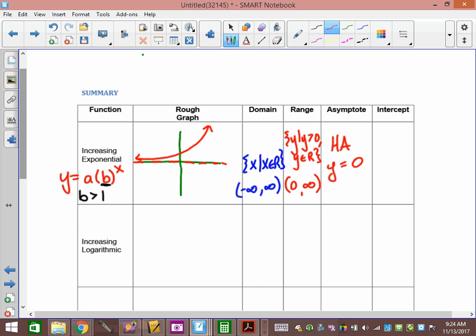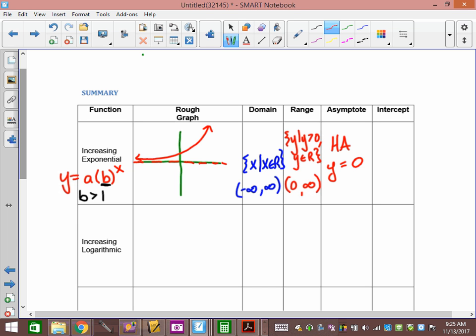No. Can I have x-intercepts in a different exponential function? Yes, if I vertically translate it. So if it's up on top of the x-axis and I vertically translate it down, I'll have x-intercepts. Or if it's below the x-axis and I vertically translate it up, I'll have x-intercepts, right?